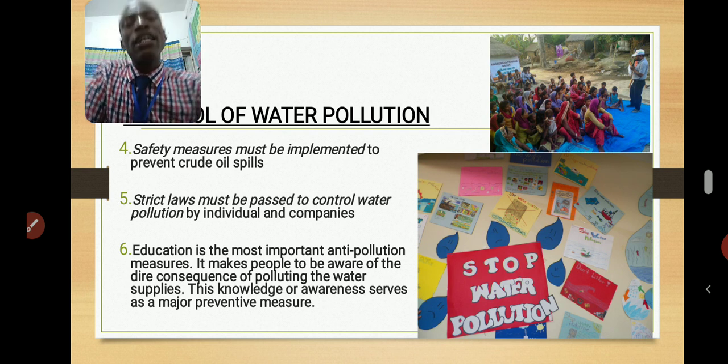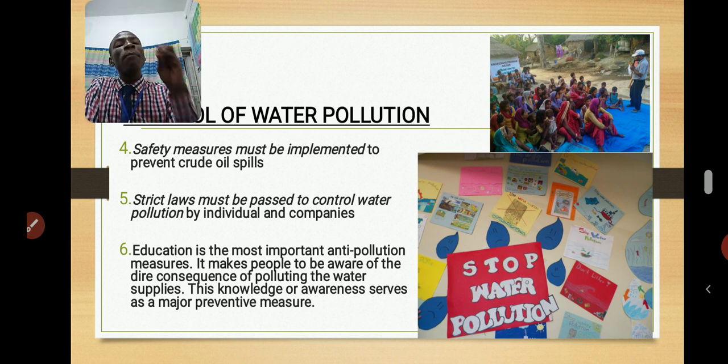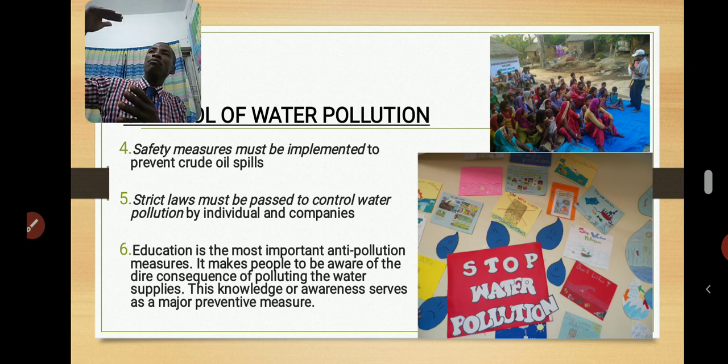Apart from that, we can pass strict laws. In the National Assembly, they can pass laws: this is the amount of sewage or refuse you are supposed to produce, or don't drop your refuse in the water bodies or the gutter. We are going to have a waste management board like we have in Lagos, and we have them in other parts of the country.